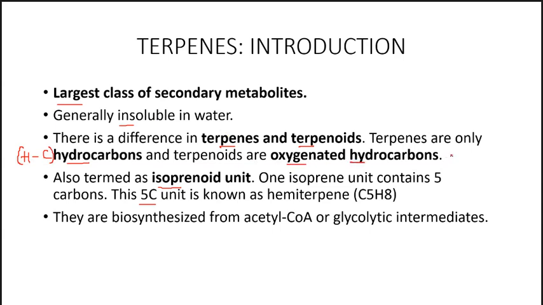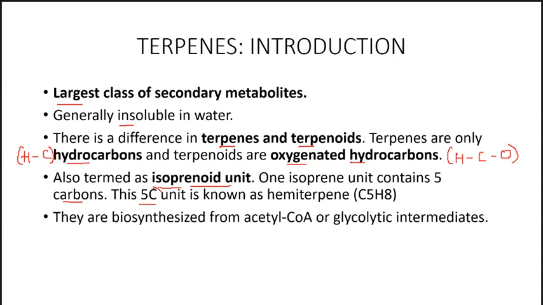Okay, oxygenated hydrocarbons means they have oxygen with the hydrocarbon. Now these terpenes are also known as isoprene units. Okay, what is an isoprene unit? One isoprene unit contains 5 carbons.